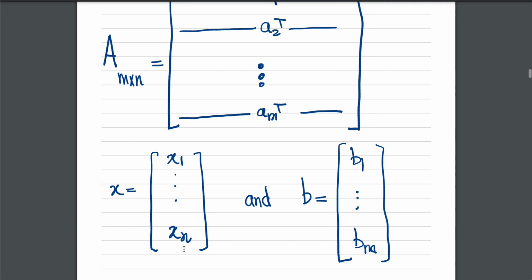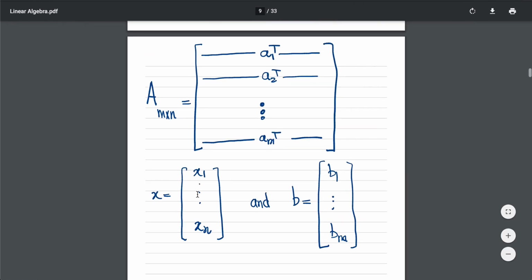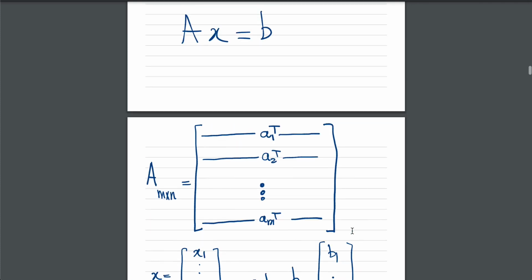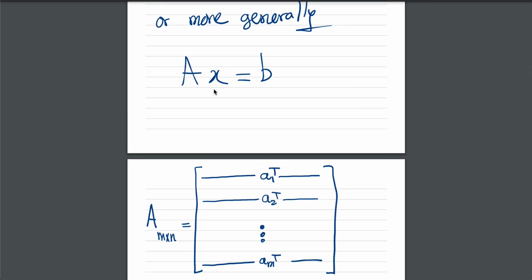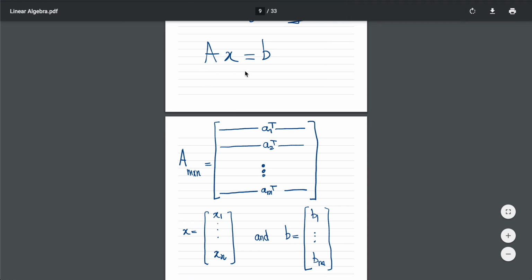X has n entries and B has m entries. So how many equations do we have here? How many unknowns? If we are talking about this equation.